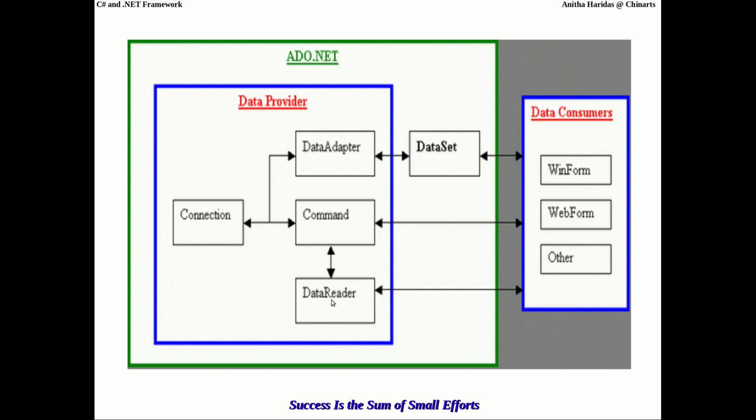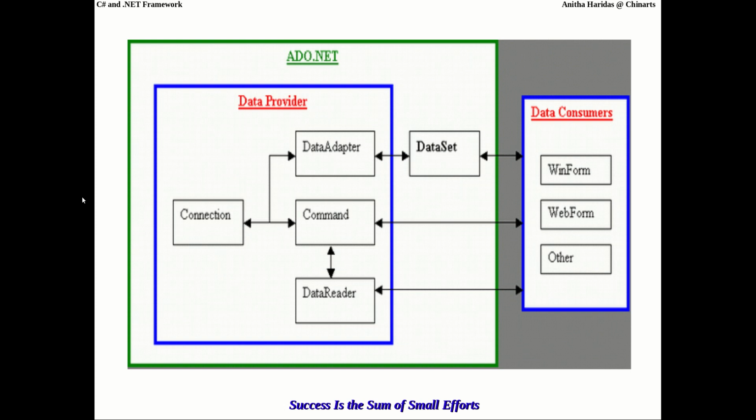Whereas, if you don't want to have a live connection, what you can do? You can use a data set. So you retrieve all the data to the data set, then you disconnect from the database. Then your data set will be doing all the manipulation. Once the manipulations are completed, again you connect to the database and write the data to the database.